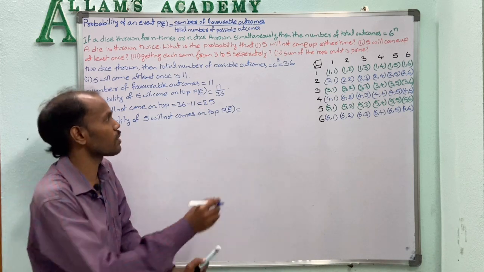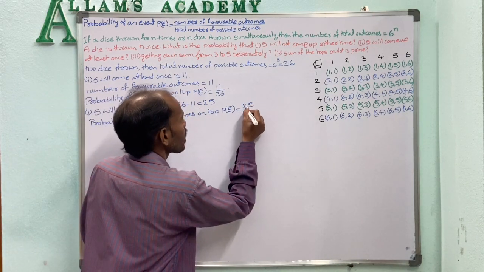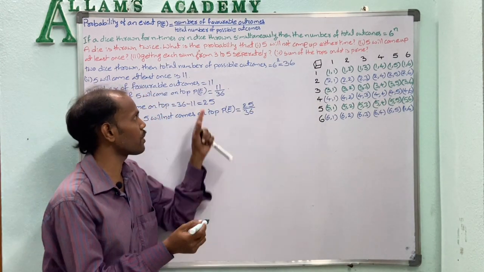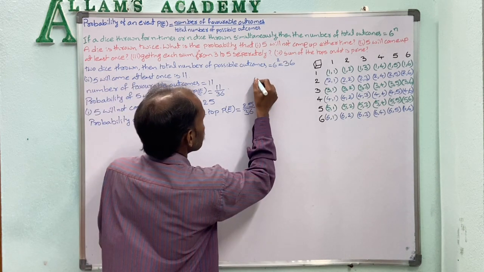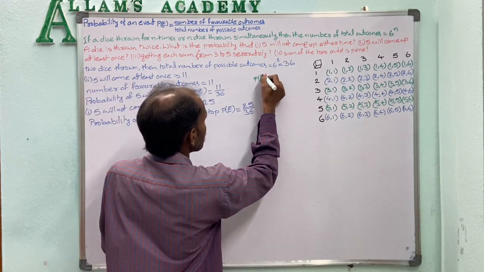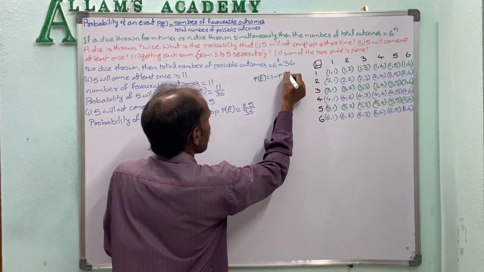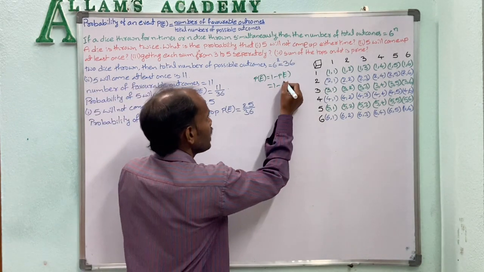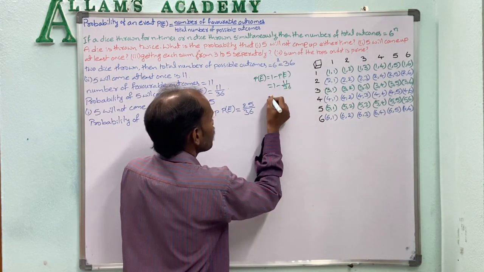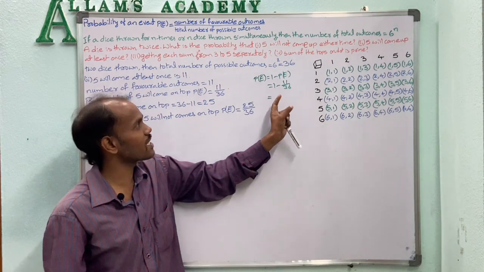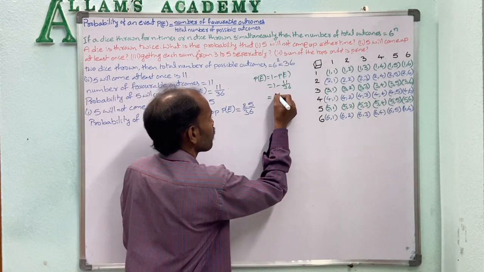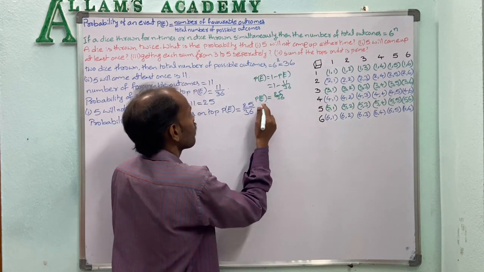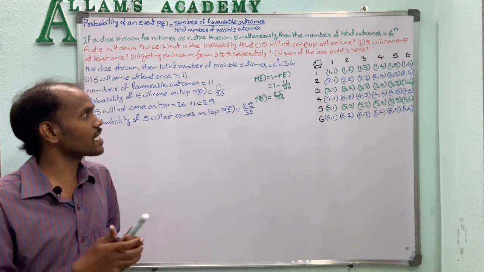Here favorable outcomes are 25 and the total number of possible outcomes are 36. By the complementary principle, P of E plus P of E bar is equal to 1, so P of E bar is equal to 1 minus P of E. Here P of E is 11 by 36, so 36 minus 11 is 25, so P of E bar is 25 by 36. So in any case we get the same result.